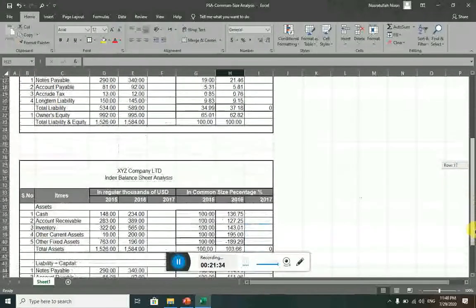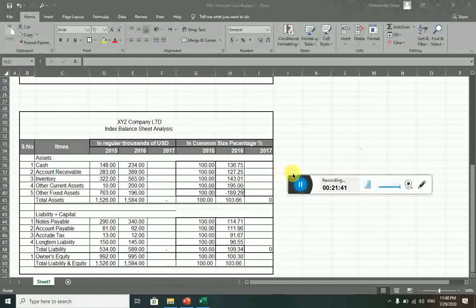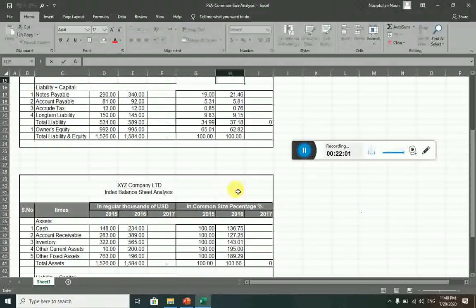This is a common index. This is an index balance sheet for XYZ company. We are carrying out index analysis. This is for 2015, 2016. You can do it for 2017 as well. So here, as per the rules, these are regular numbers and these are index percentages.